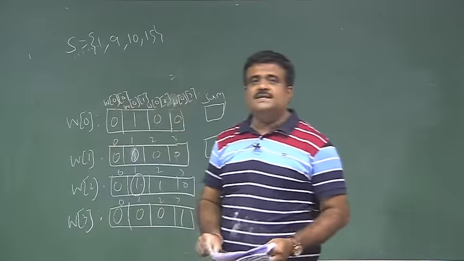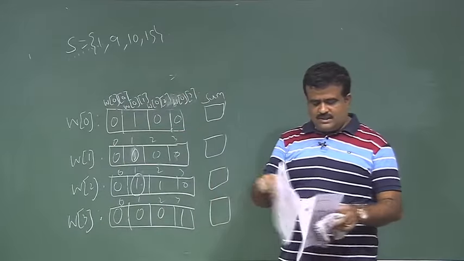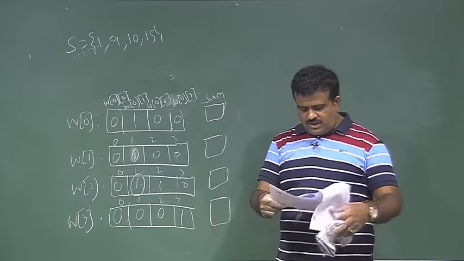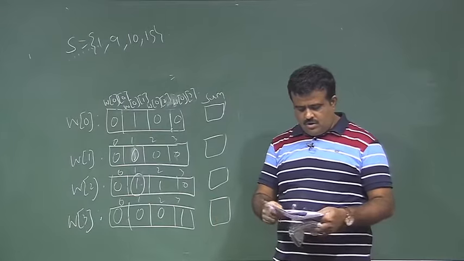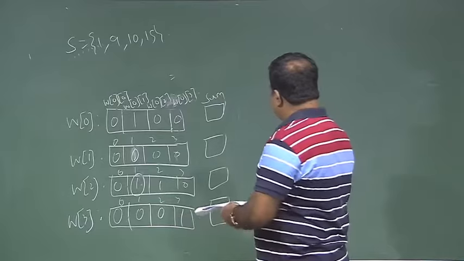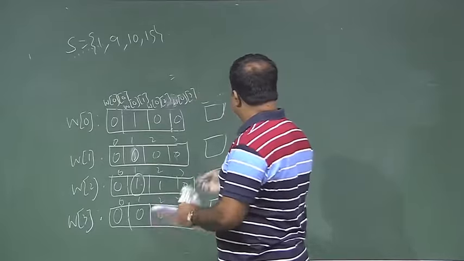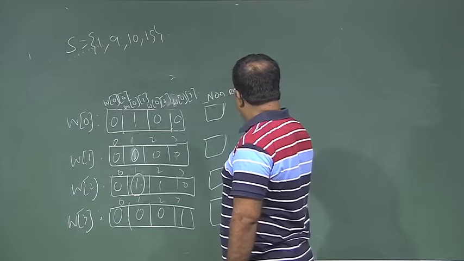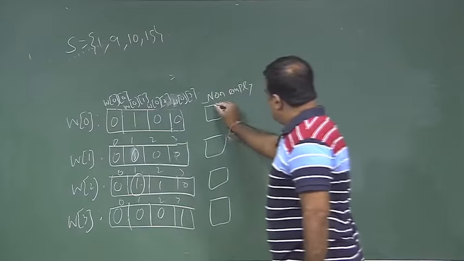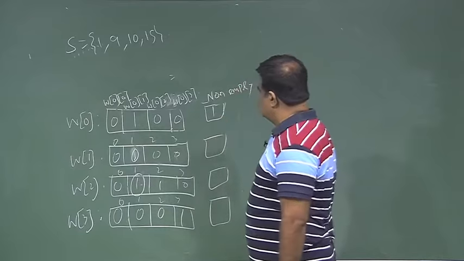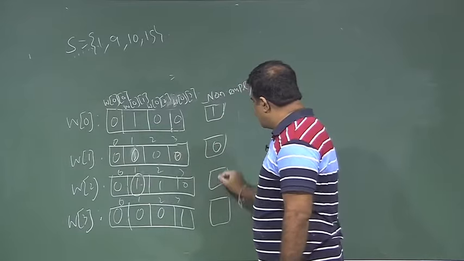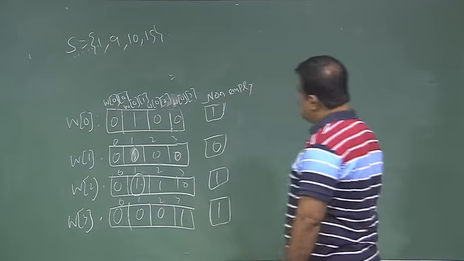It says whether this block is empty or whether somebody is there in this block. So, for this block there is 1, so this is 1, this block it is 0, nobody is there, this block it is 1, this block it is 1.